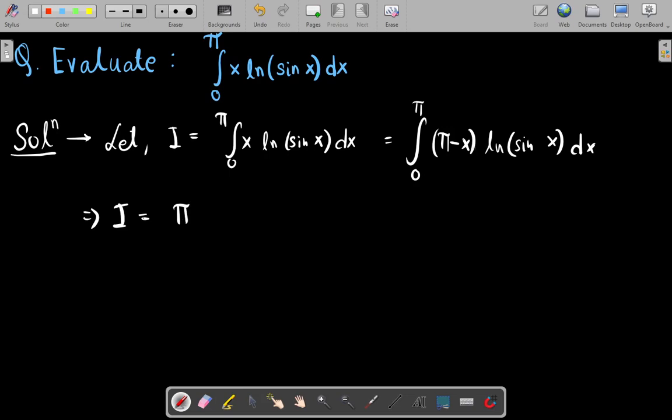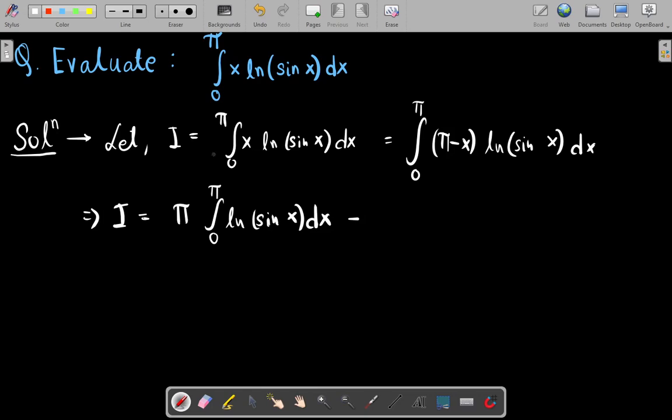if we split this into two integrals, this first integral becomes pi times the integral from 0 to pi of ln sin x dx, right? And the other integral becomes the integral of x ln sin x dx from 0 to pi.